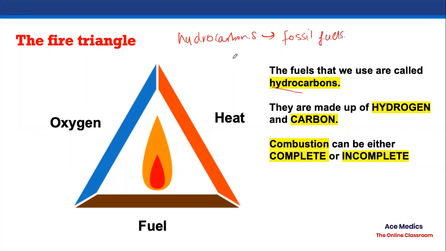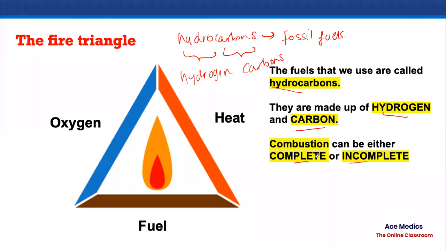Hydrocarbons, it's self-explanatory, it's in the word, consist of atoms of hydrogen and atoms of carbon. So they're made up of hydrogen and carbon. And you can use these hydrocarbons when it comes to combustion to try and have complete combustion or incomplete combustion. So we'll look at the difference of that in a bit.